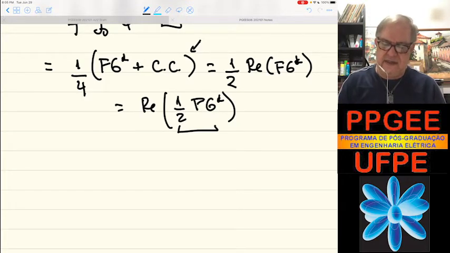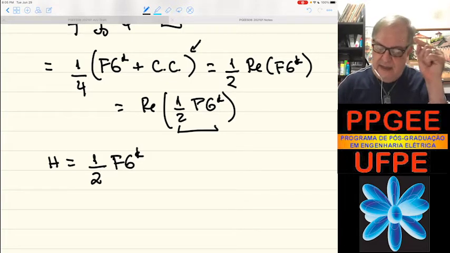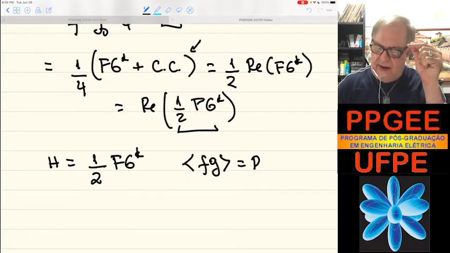So we can consider that quantity, let's say h, this complex number, 1/2 of fg conjugate. This h has a meaning. What is the meaning? Well, the average value of fg equals the real part of h. That's the rule.